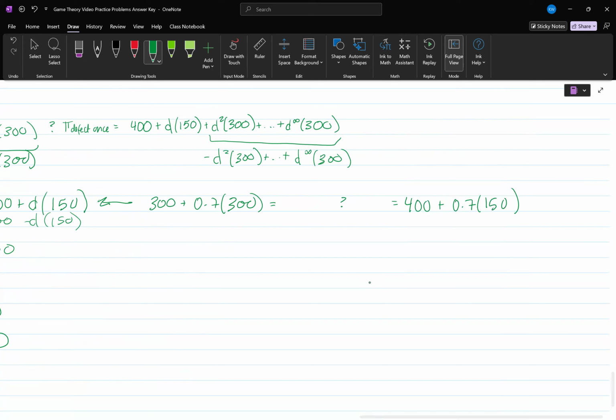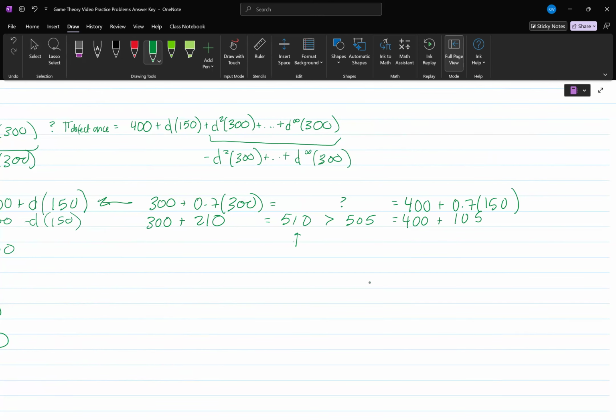Okay. So on our right-hand side here, we'll get 400 plus 105. And then on our left-hand side here, we're going to get 300 plus 210. And so we have 510 for the payoffs from cooperating and 505 for the payoffs from defecting.